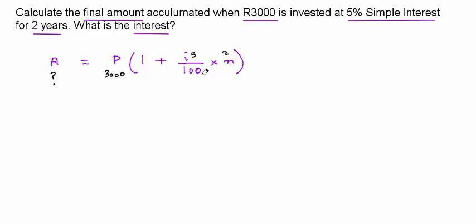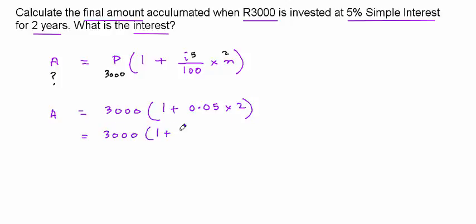So let's plug in the numbers. We have amount is equal to 3000 times 1 plus 5 over 100, which is 0.05. So I'm just going to rewrite that as 0.05 expressed as a decimal times 2, which is equal to 3000 times 1 plus 0.05 times 2, which is 0.1.